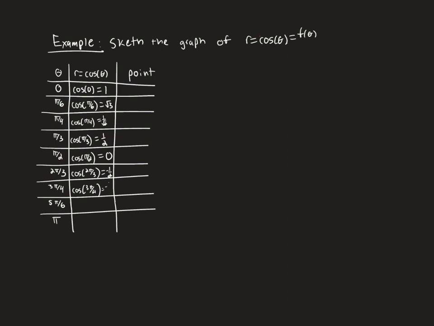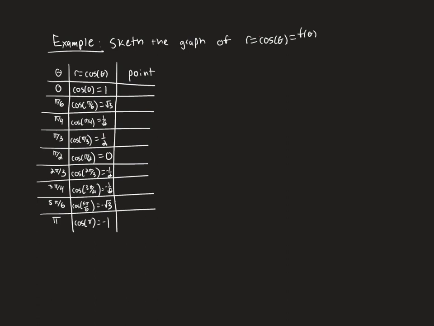So we get negative 1 over root 2. Cosine of 5 pi over 6 pairs up with cosine of pi over 6, but it's negative instead. And then cosine of pi is negative 1.